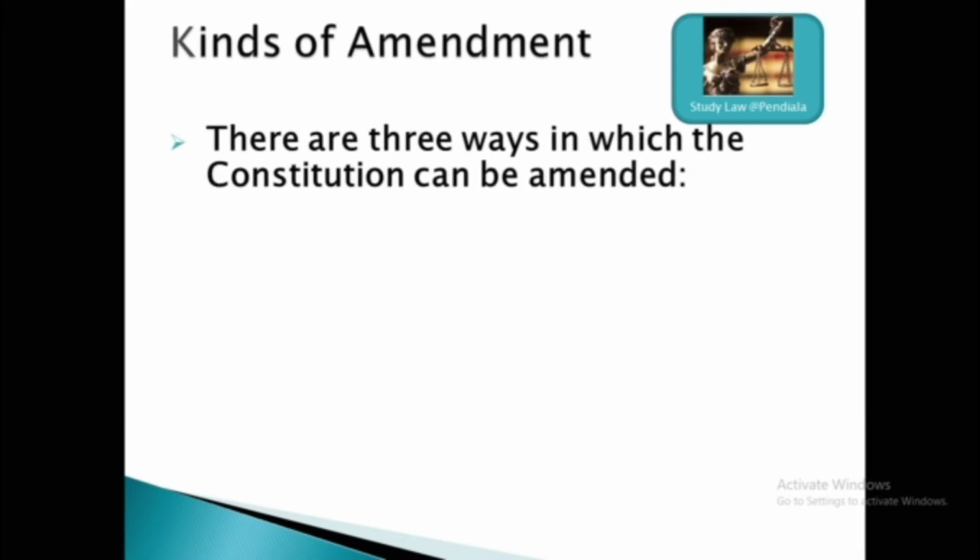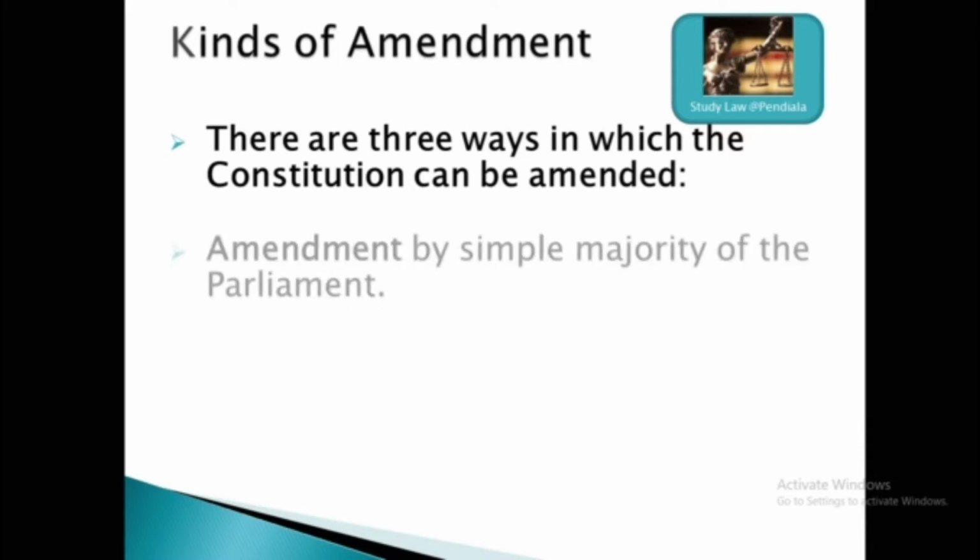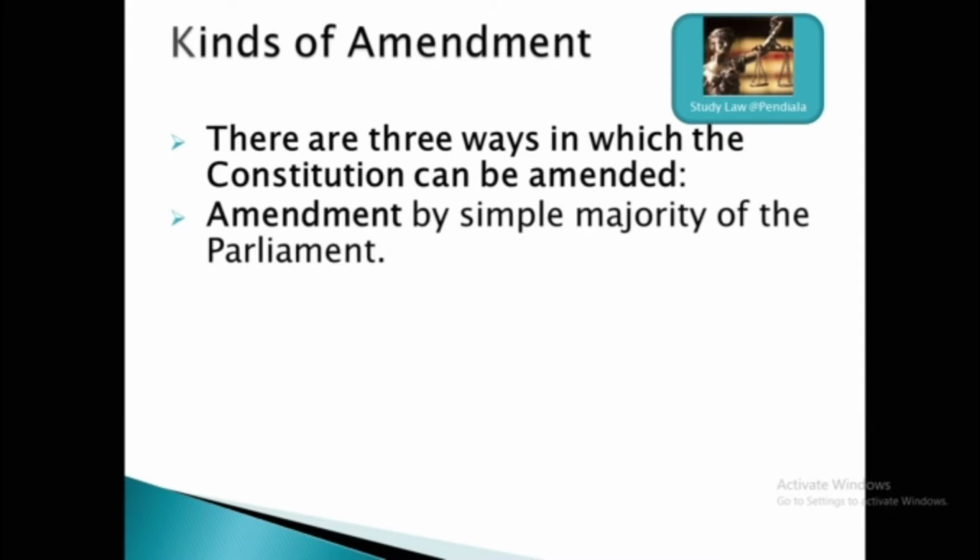Before that, we will discuss how the Constitution can be amended and what are the types of amendments. Basically, there are three ways in which a Constitution can be amended. Amendment by a simple majority of Parliament, for provisions which are neither controversial nor a simple matter of day-to-day aspects.